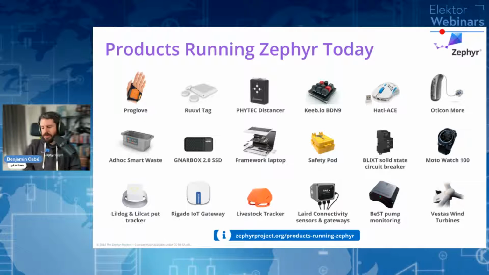I said this was the most important slide, so that's why I spent so much time on it. Zephyr is being used in many, many products, some of which you had no idea Zephyr was used in. In no particular order: Chromebooks or Framework laptops, where the embedded controller firmware that manages the battery charge and whatever happens when the laptop is in standby mode is controlled by Zephyr.